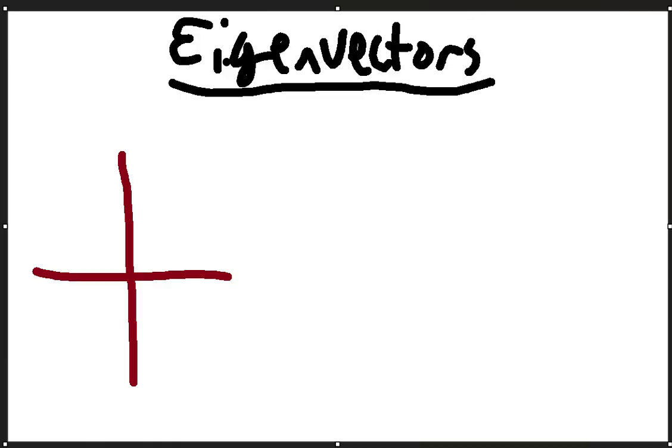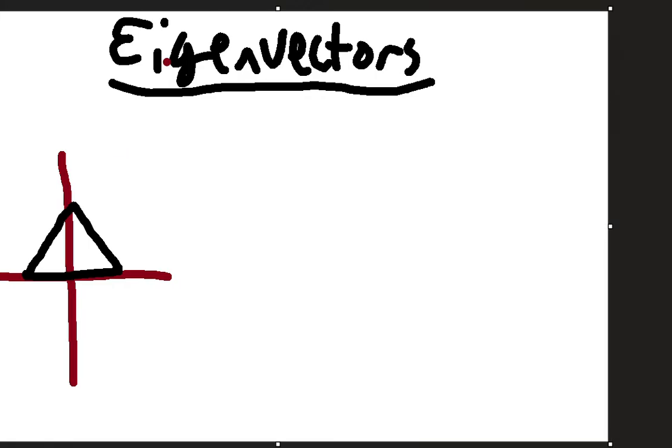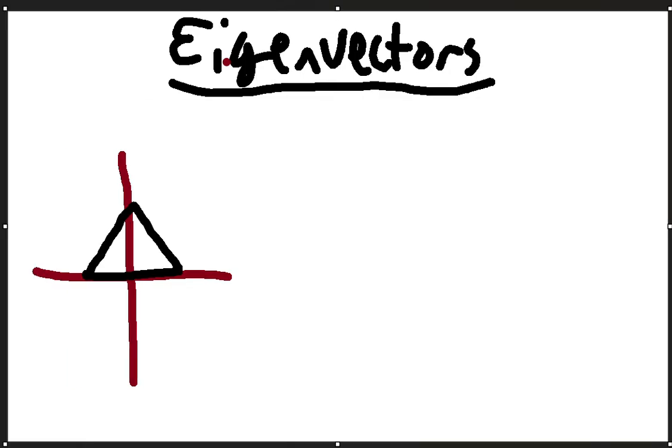Let's imagine that we have a triangle, and every point in the triangle is defined by some vectors. To avoid losing our sanity, we'll call this V1, and this one shall be L1.